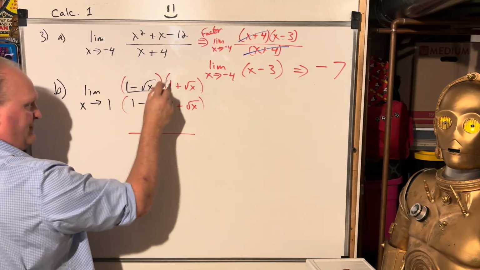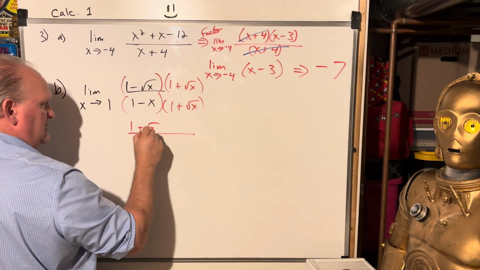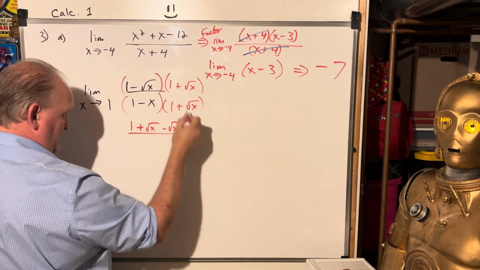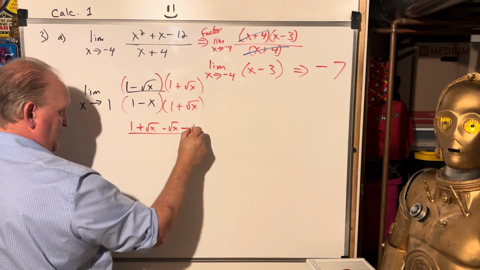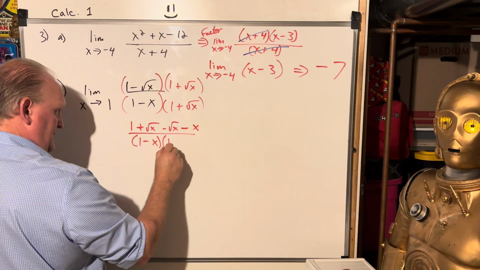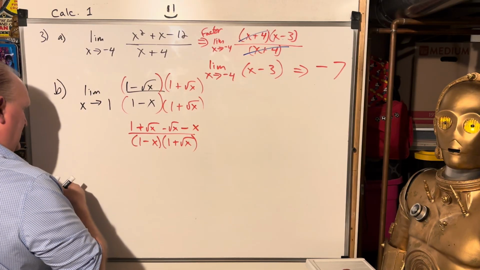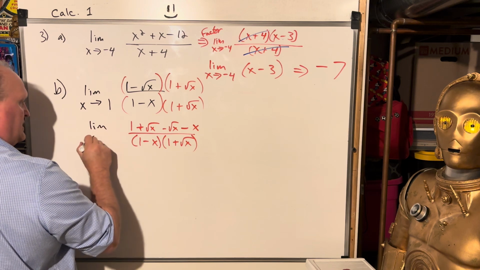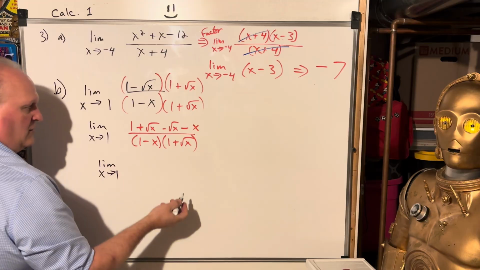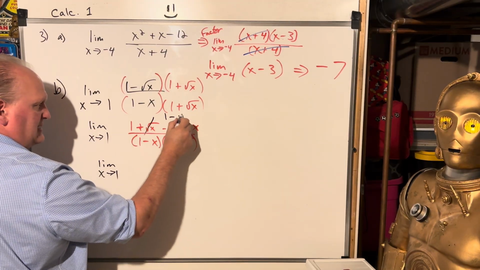So let's fix the top. So the top is 1 plus the square root of x minus the square root of x minus x, right? Because the square root of x times the square root of x is just x. And then the bottom, we're going to leave it just like this. And you'll see what's happening here in a second. We still have the limit as x approaches 1. But now this cancels out, and we just have 1 minus x in the numerator.